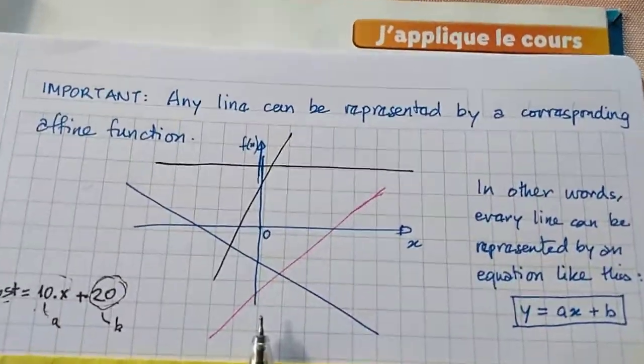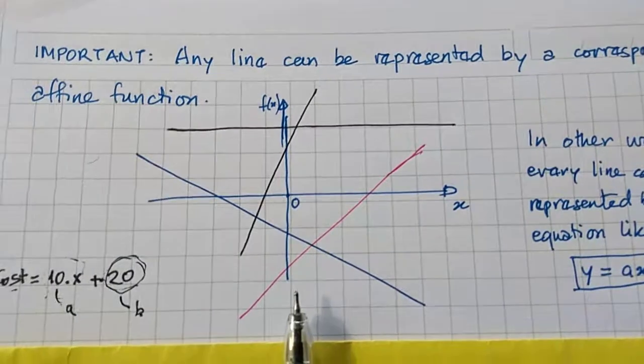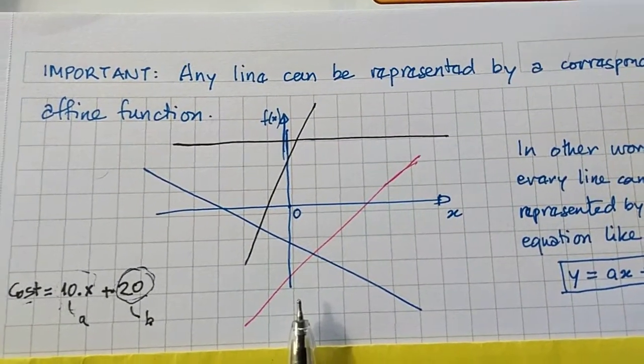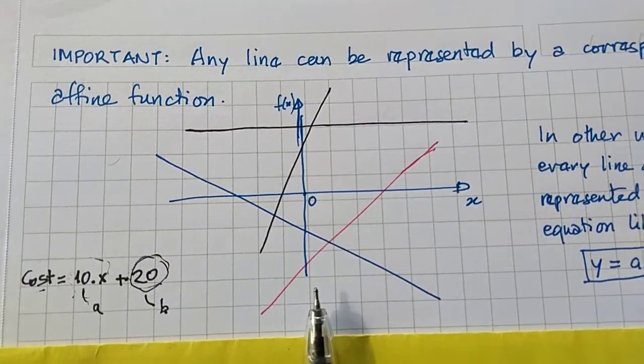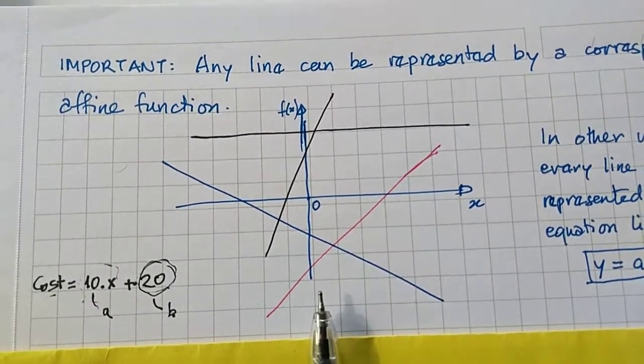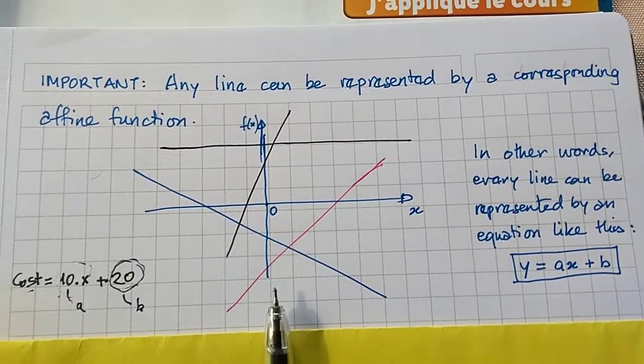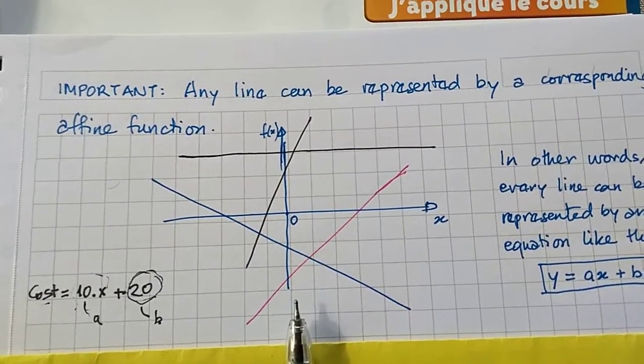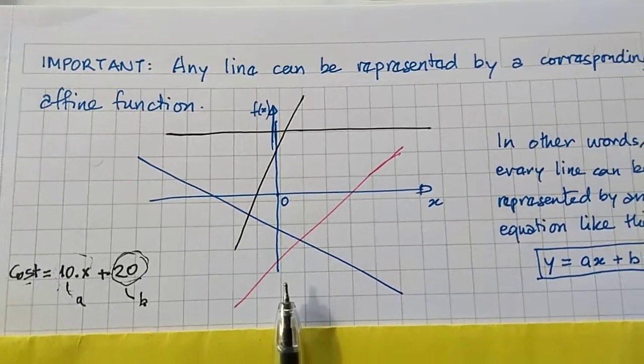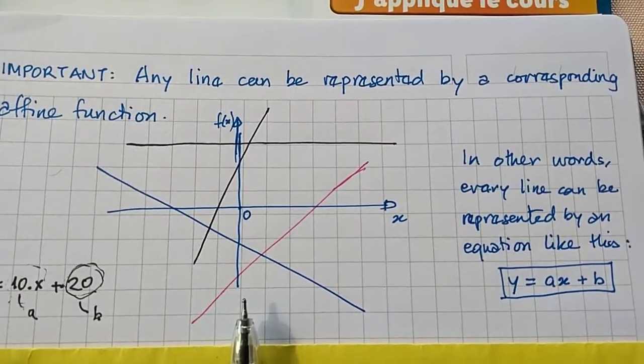And even though we will not be able to use it at the moment in our study, it is a very useful feature, and you can do a lot of algebraic calculations using the geometry of lines. It is something called descriptive geometry.